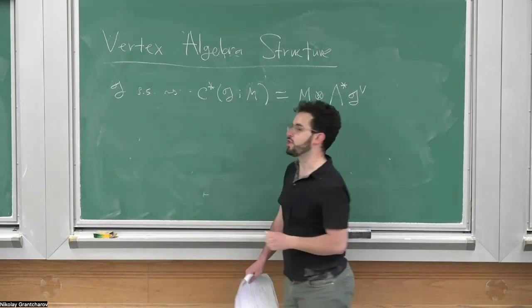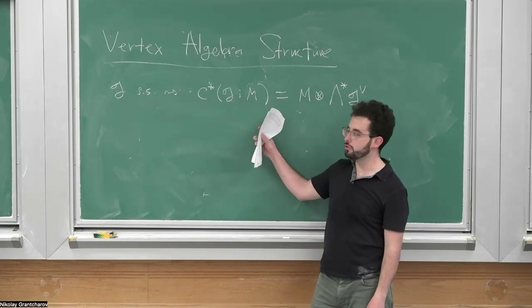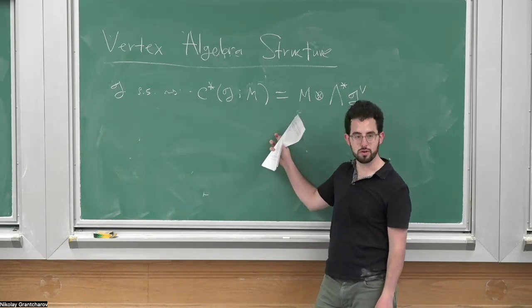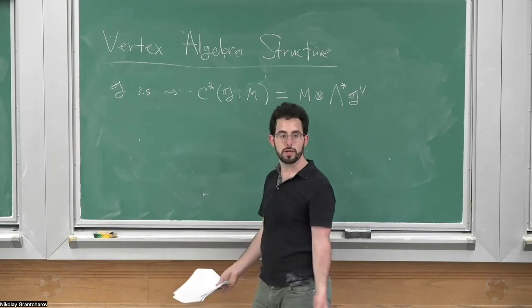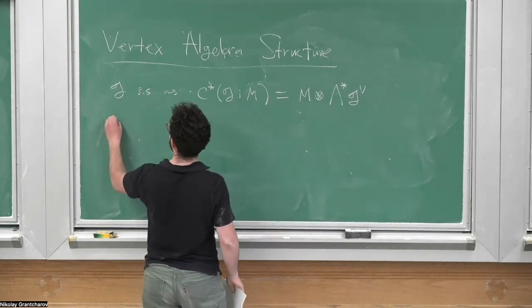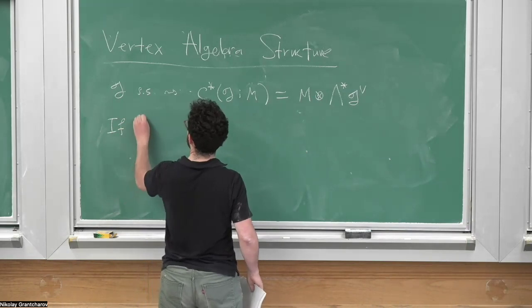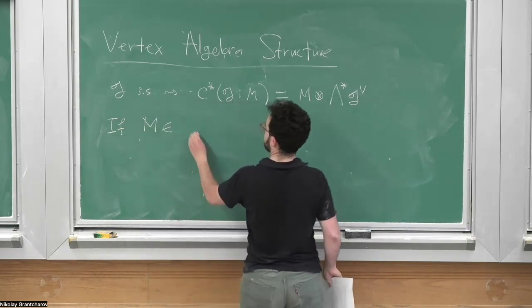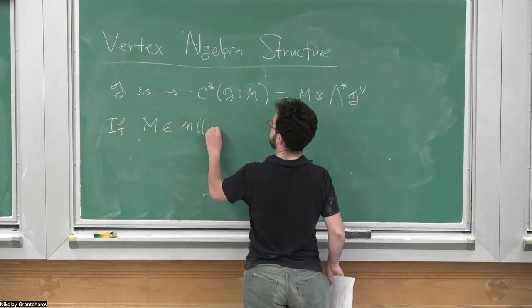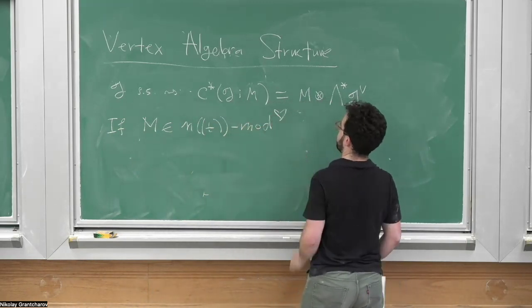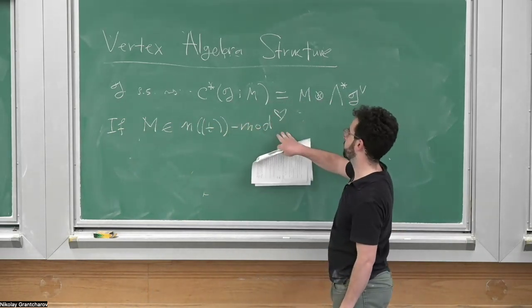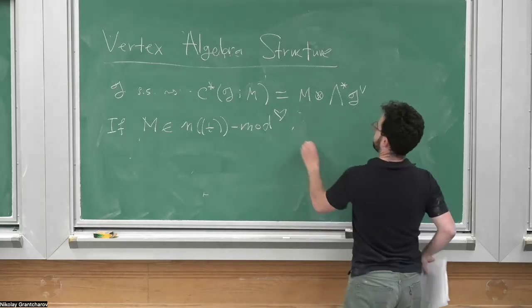It's not true in general that we can compute semi-infinite cohomology using a resolution similar to that, but it is true if our module M is in the heart of the category, only in cohomological degree 0.